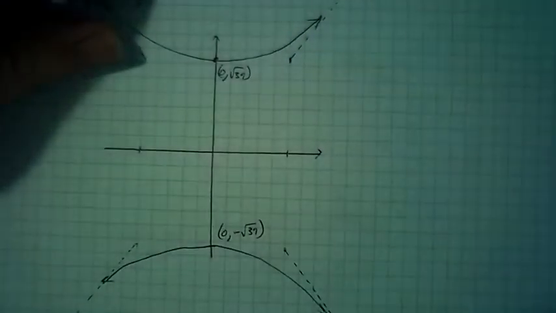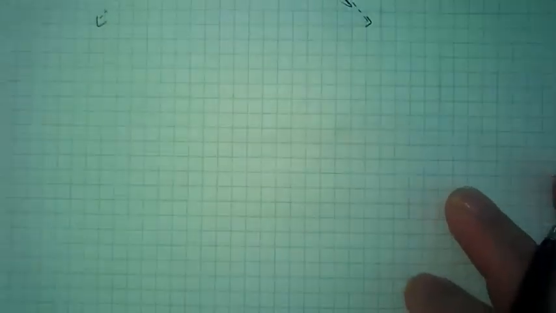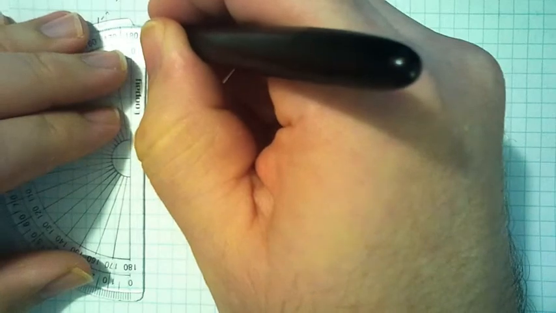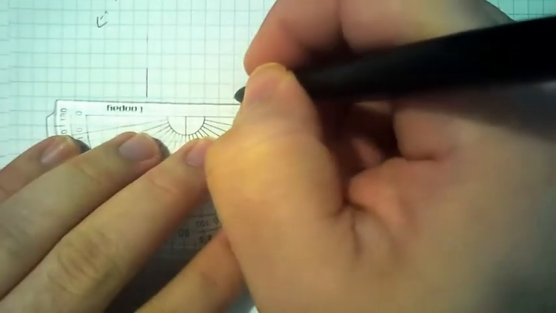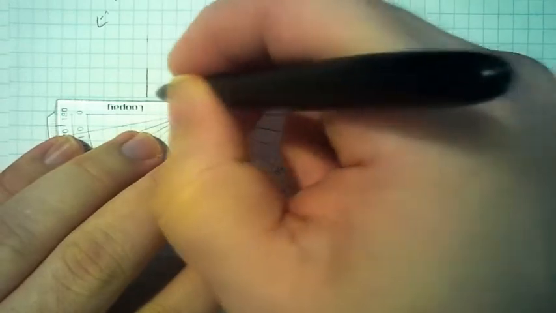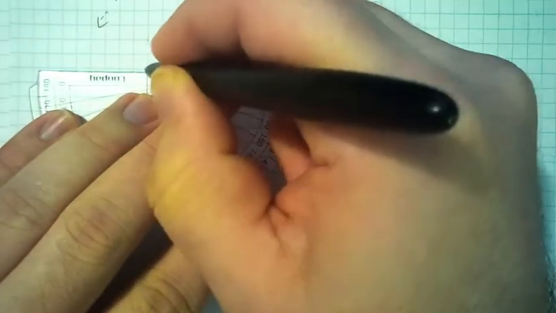For the first example of part number 2, writing the equation, I'll make one that's super skinny. So let's do another horizontal one, but make it super skinny. So we're going to imagine a hyperbola. Draw a box. Oh, I should have done that dotted.